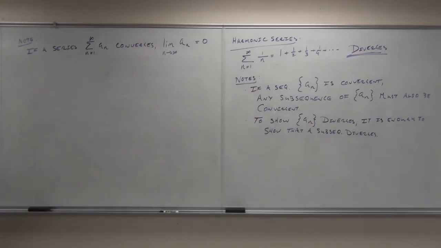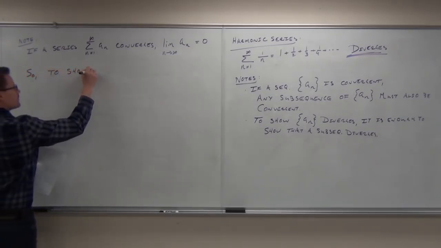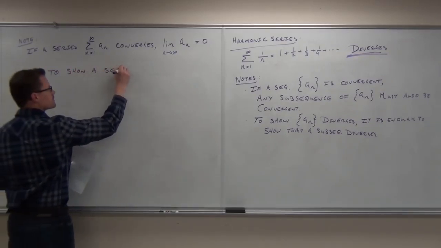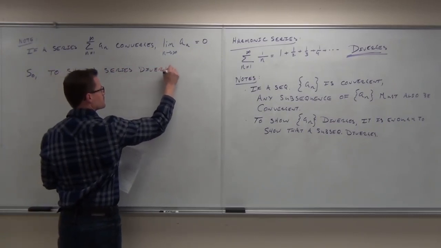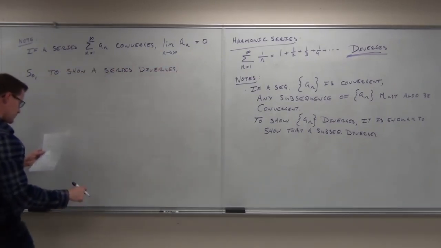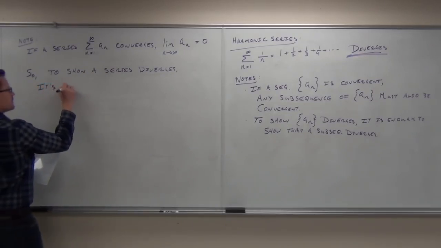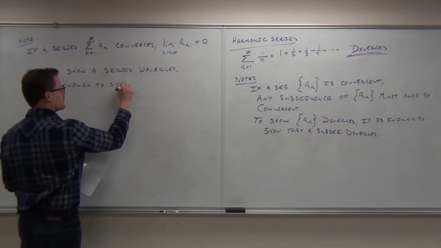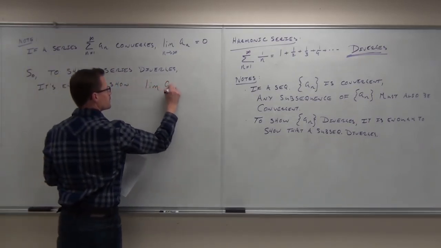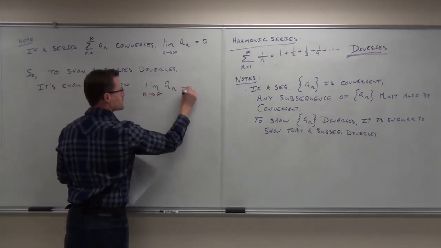Now, what that means is that to show a series diverges, it's enough to show that the limit of your sequence of terms does not equal 0.